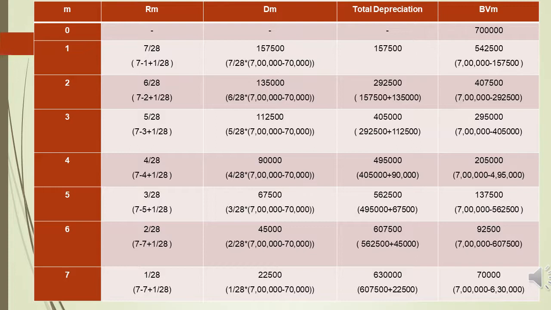Now I am going to calculate the last value, that is book value BVM, for the last column. So how am I going to calculate it? For the 0 year, it is going to be 7 lakhs as it is. Now I am going to calculate the BVM value for the first year.